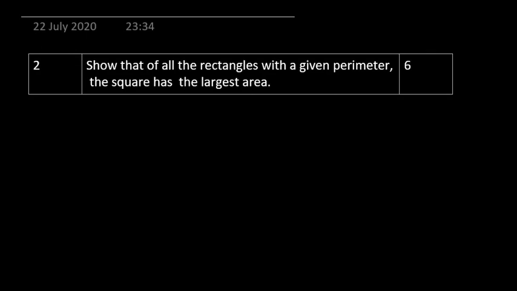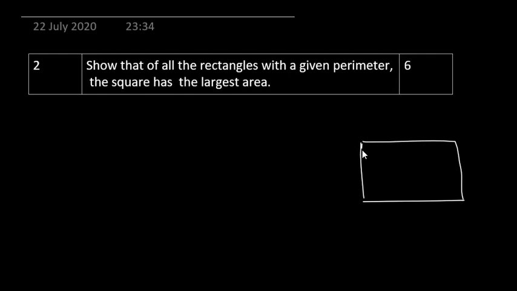Here in this second question, we have to show that among all rectangles with a given perimeter, a square has the largest area. So we have a rectangle in which the perimeter p is constant.